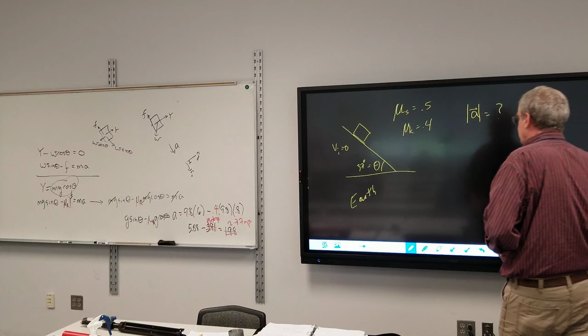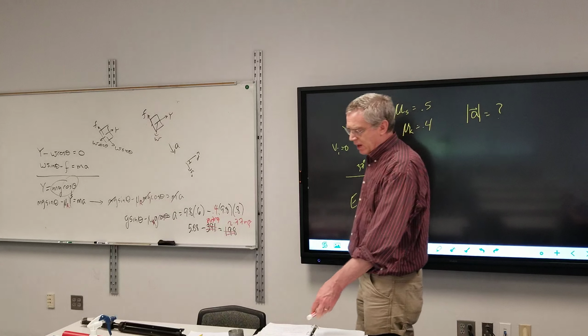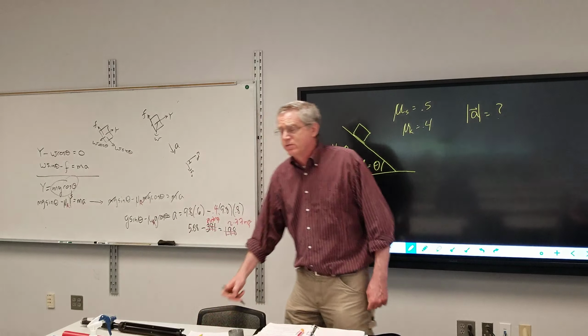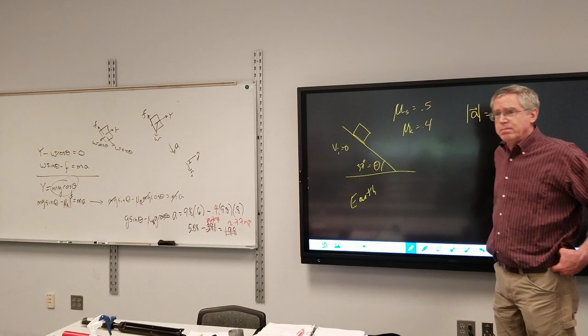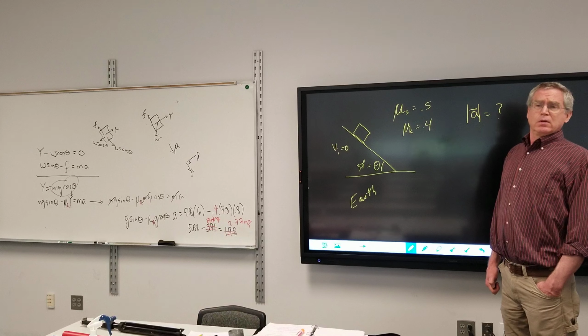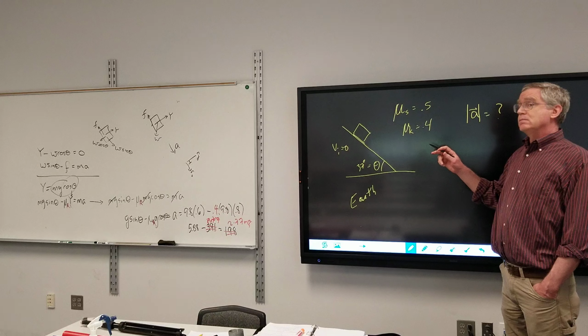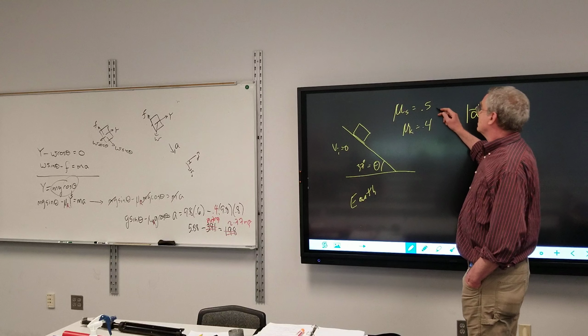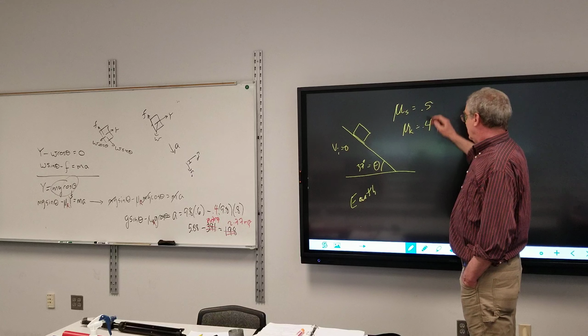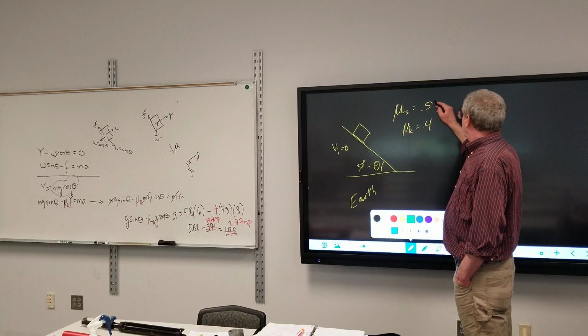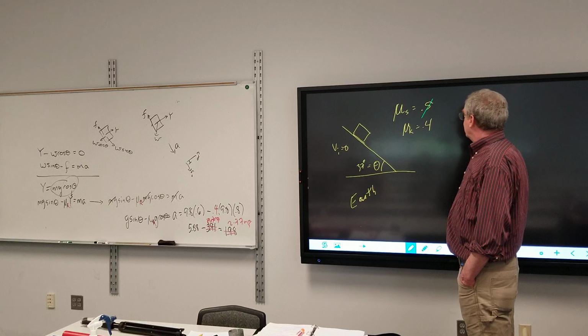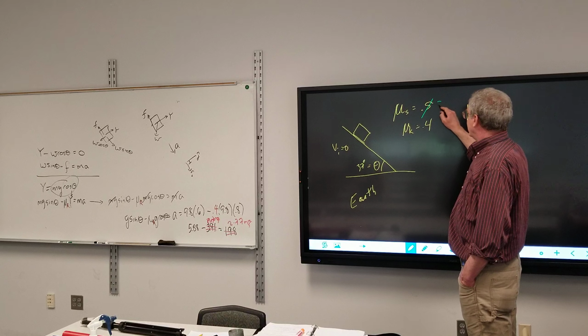If I up the static coefficient. Questions on this before I change the problem, using the magic of the board? It looks like to cross it out, that's supposed to be an 8.